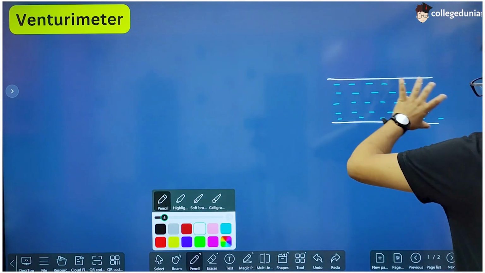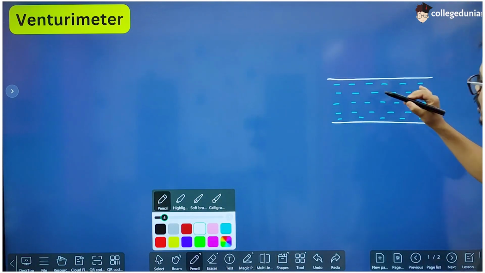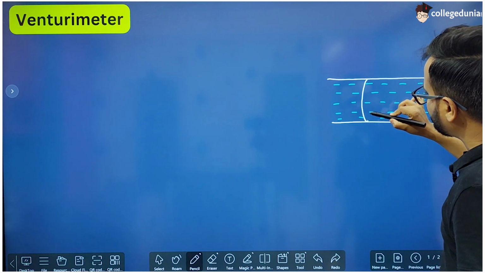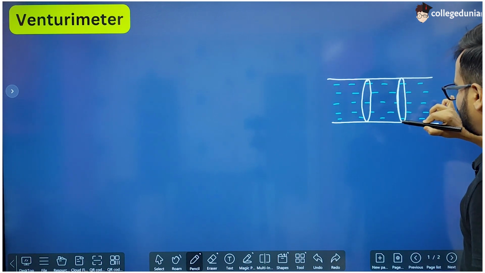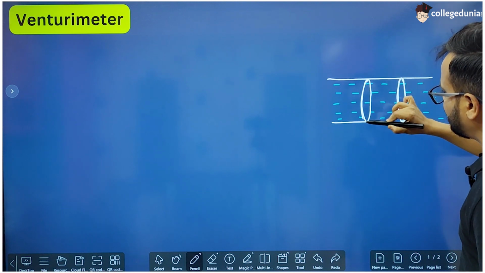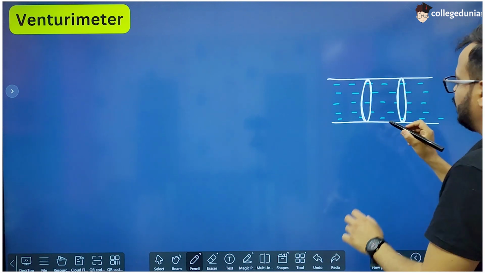Suppose we have a tube and in this tube a liquid is flowing. Now let us take a particular part of this tube.